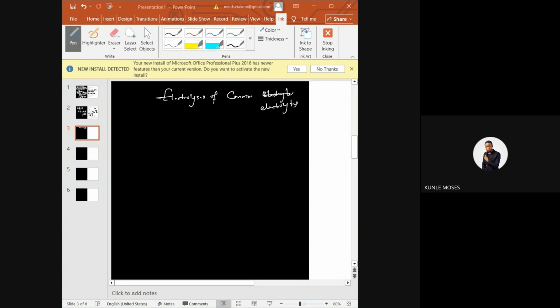We said at the cathode, there's always reduction, that is gain of electron. And we said at the anode, there's always oxidation, which is loss of electron. So it simply means cations will go to the cathode and anions will go to the anode, isn't it?